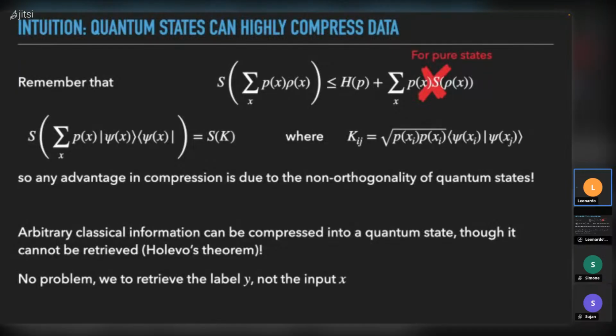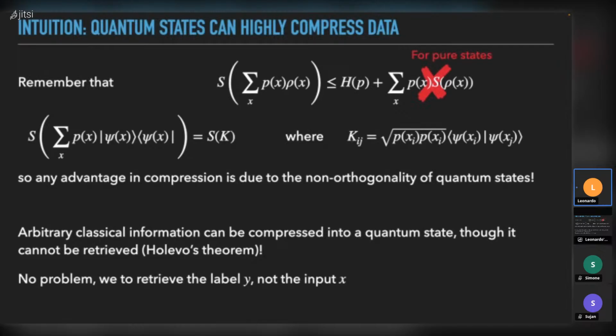And another good point is that whenever you have something like this entropy, you can also compute this from the Gram matrix or the kernel matrix, which is basically the matrix of the overlap between states. Okay? So all of these quantities are computable just by focusing on the overlaps between quantum states.